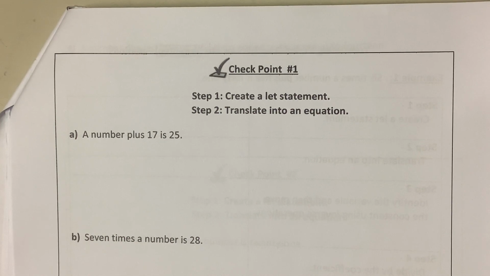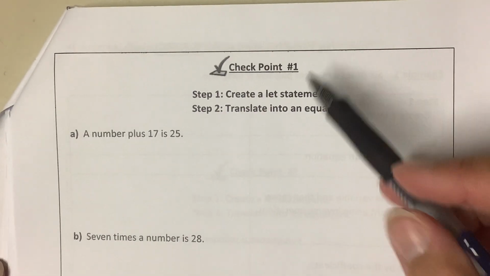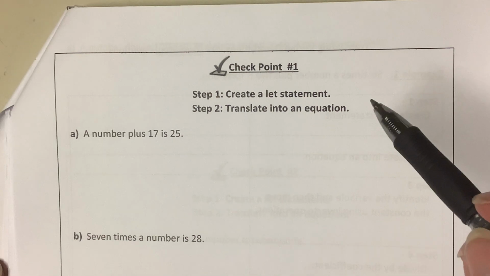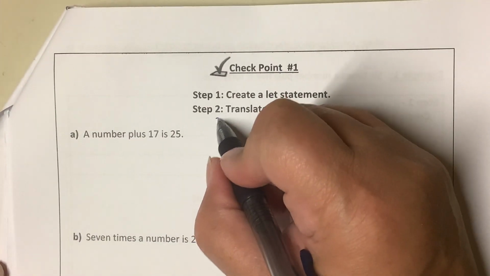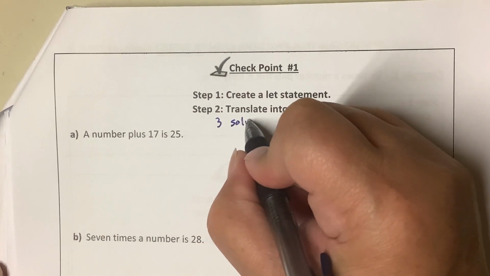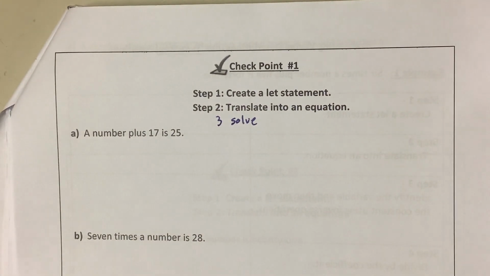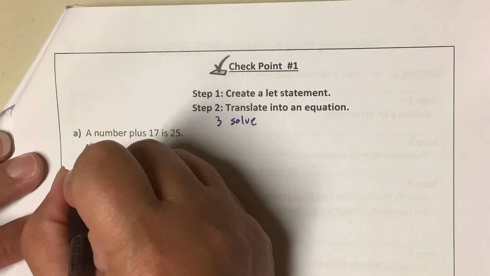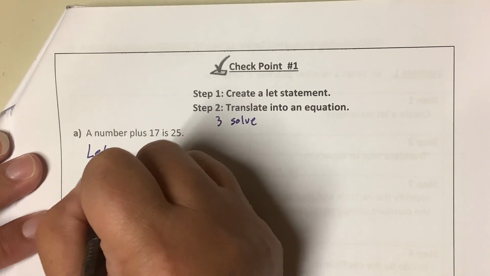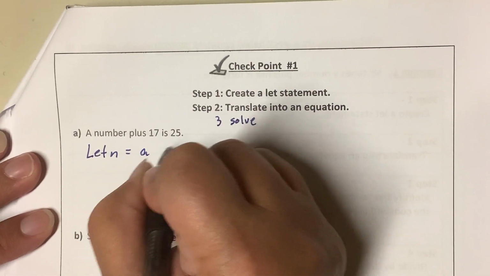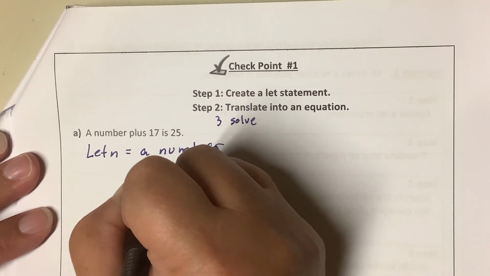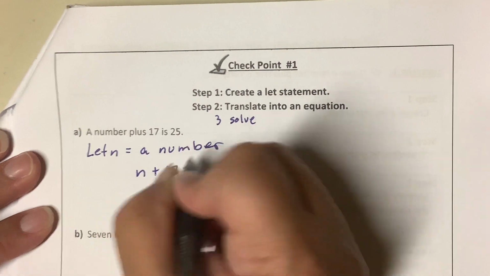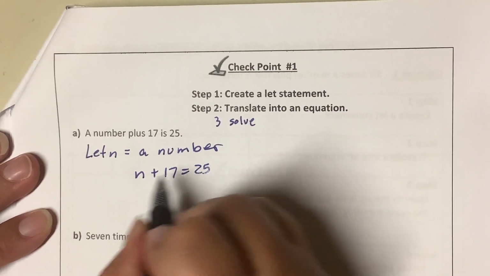All right, welcome back. Step 1, create a let statement. Step 2, translate into an equation. Step 3, solve. I'm going to solve them because I want solutions. I like solutions. All right. Start with let n equal a number. n plus 17 is 25.